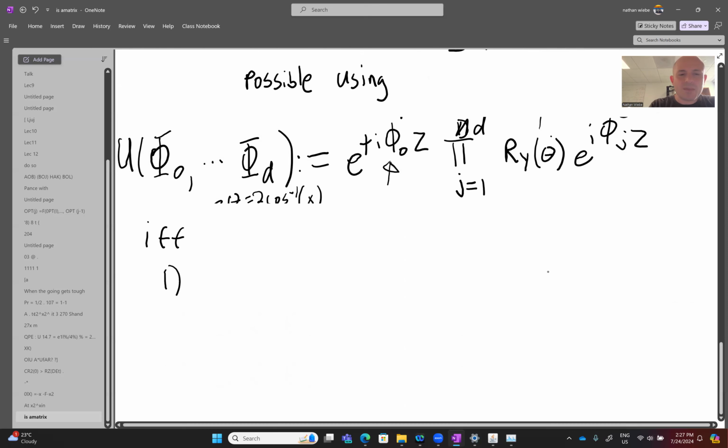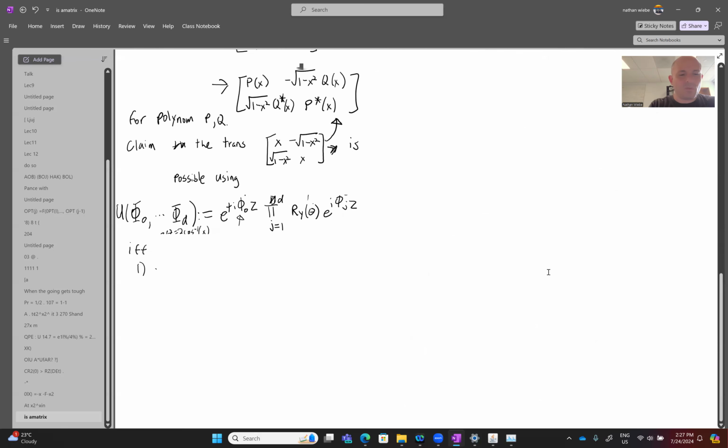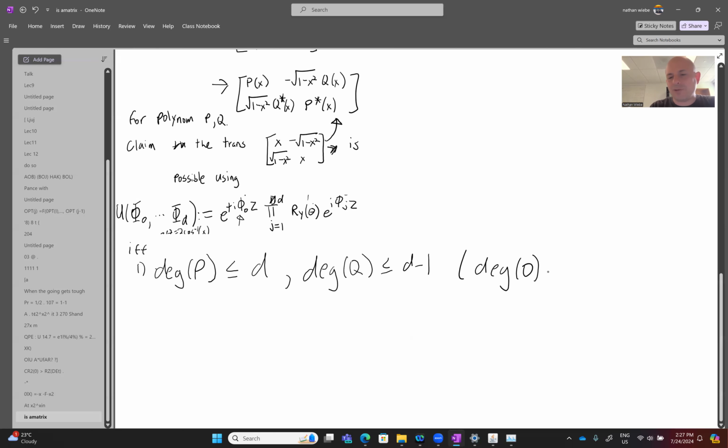One, let's zoom out a little bit so you can see the transformation. One, that the degree of P is less than or equal to D, and the degree of Q is less than or equal to D minus 1. And here we're using the convention that the degree of the zero matrix is always equal to minus 1.